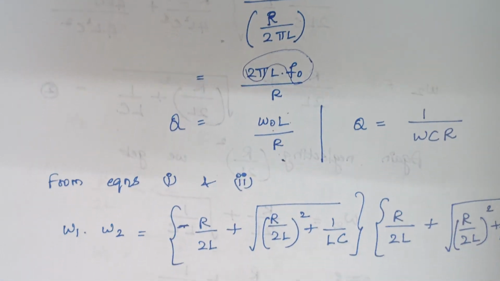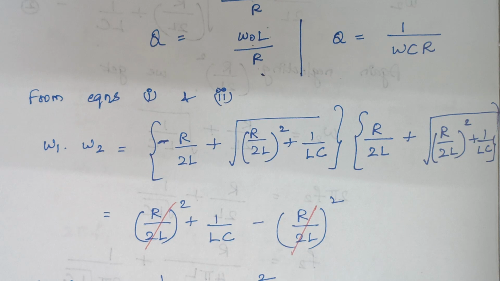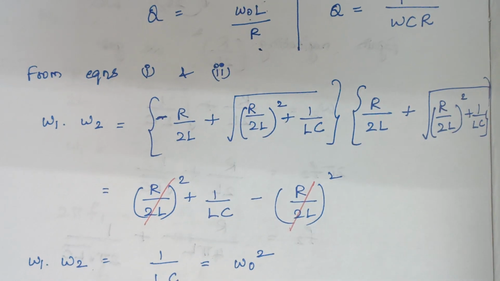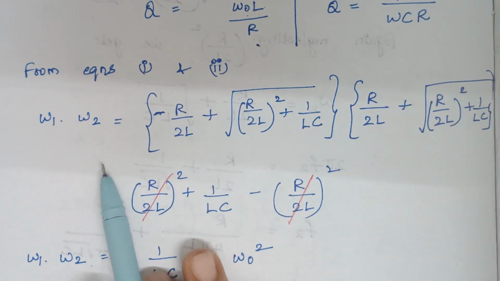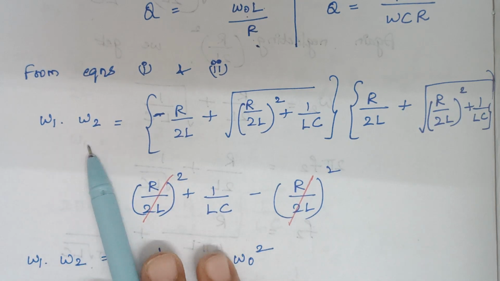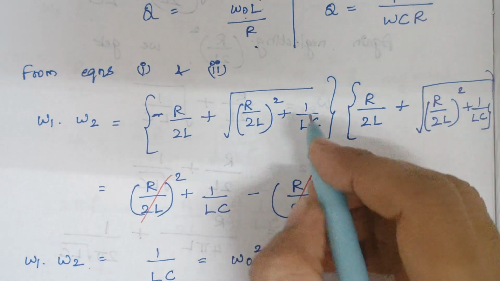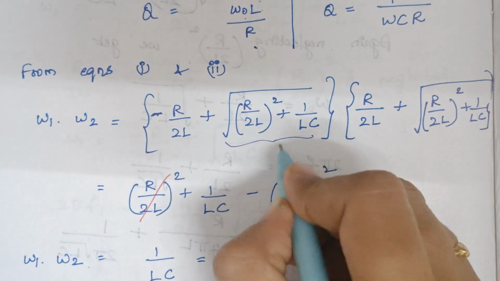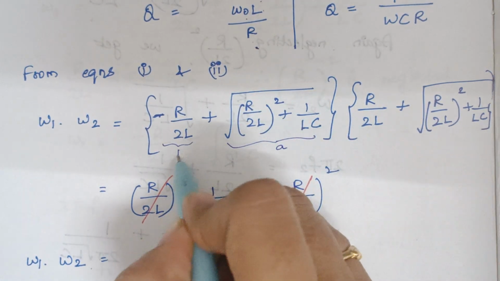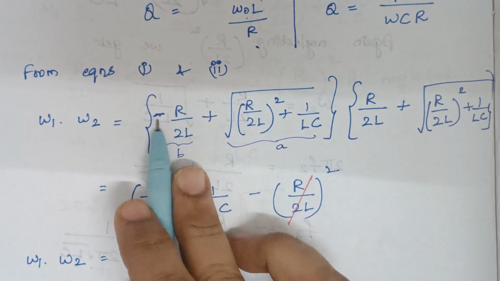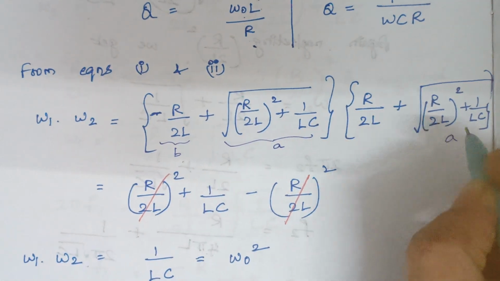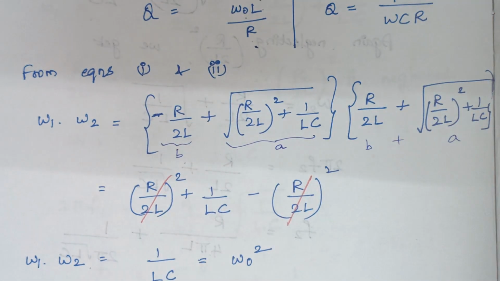Again you see from the equations of omega 1 and omega 2, here we are multiplying omega 1 into omega 2. So what happens here? Let us assume this as your term A and this as your term B. So here it is A minus B and here it is A plus B, right?